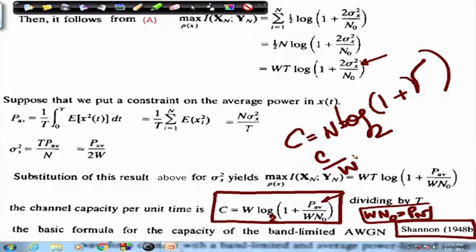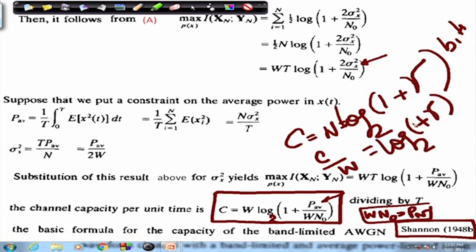So, average signal power by average noise power is the signal to noise ratio, plus 1, log base 2 of that is the bits per second. That means C upon W, where C has a unit of bits, is equal to log base 2 of 1 plus gamma.